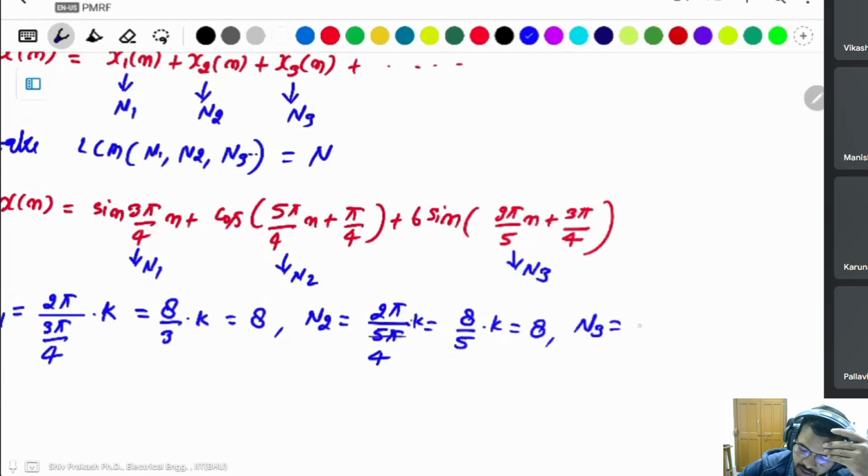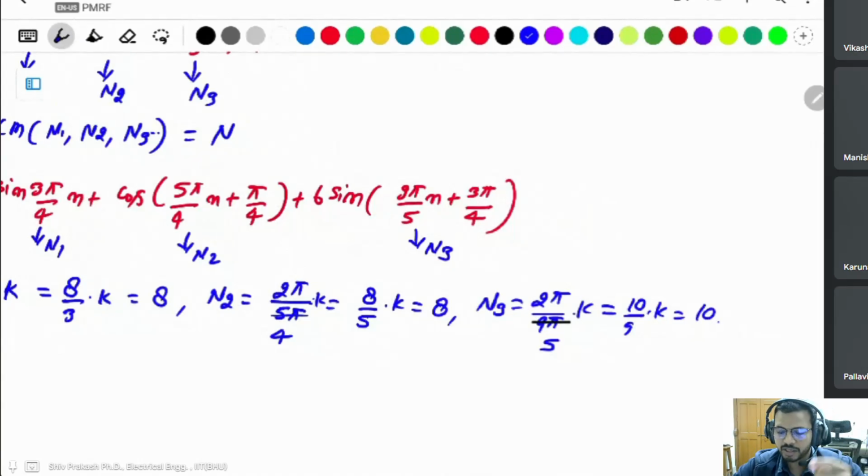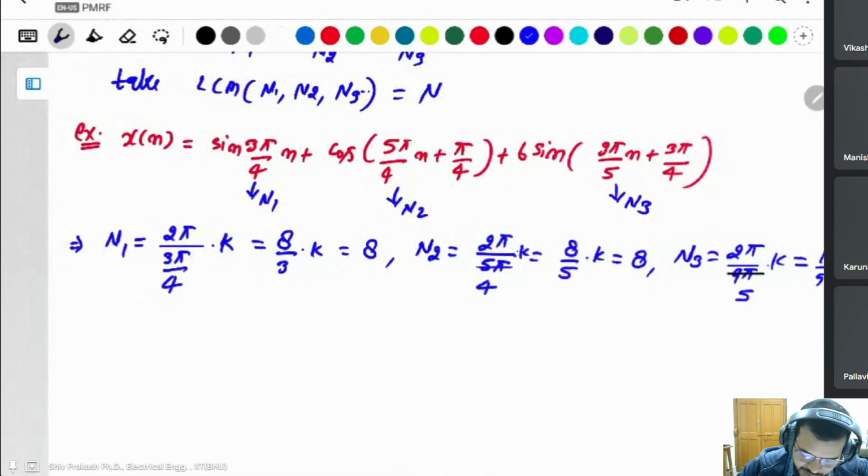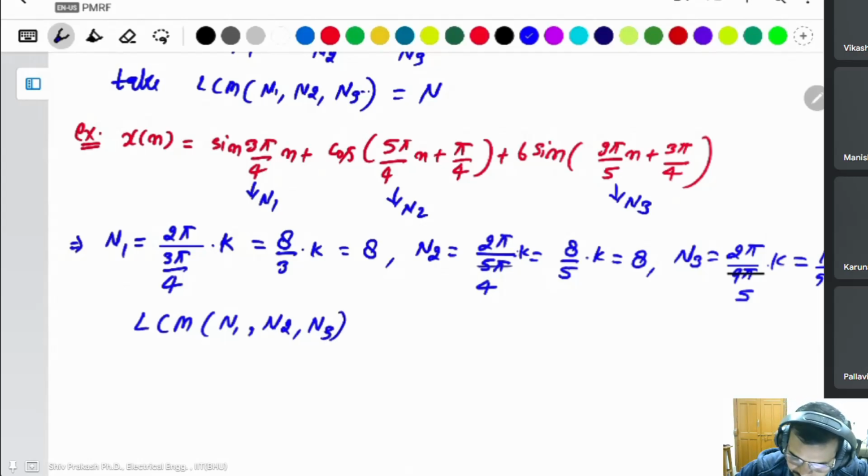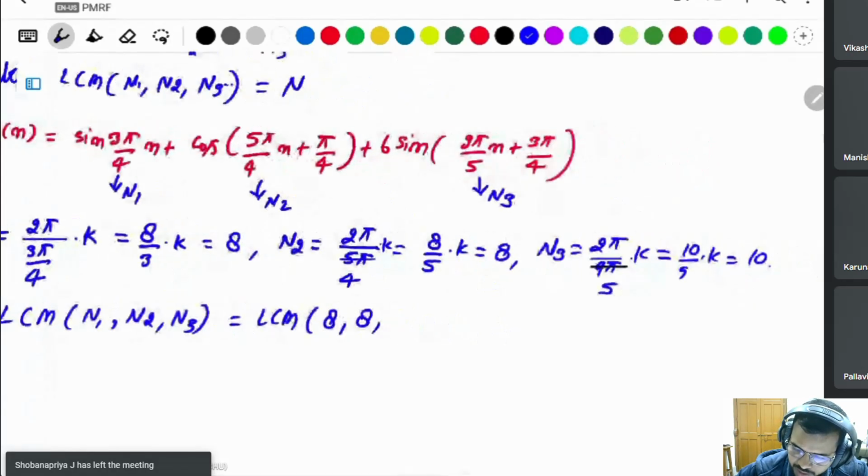For N3, 2π/ω, where ω is, sorry, 9π/5, times k. This is 10/9 times k. k is 9 in this case, so N3 is 10. Having N1, N2, N3, we take the LCM of 8, 8 and 10.